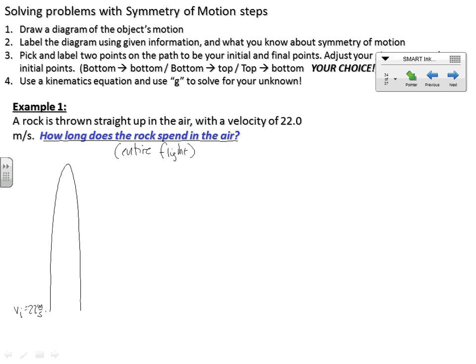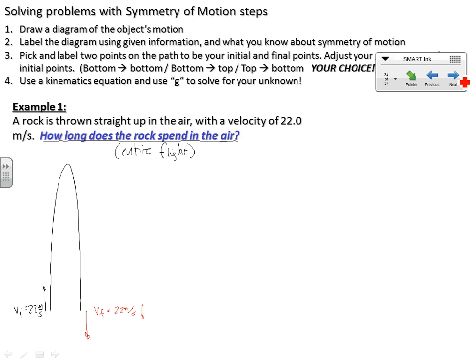22 meters per second. Well, boom, right off the bat, we are told the value of something else, especially if we're looking at the entire flight. We know that when it gets back to the original launch height, VF is 22 meters per second down.